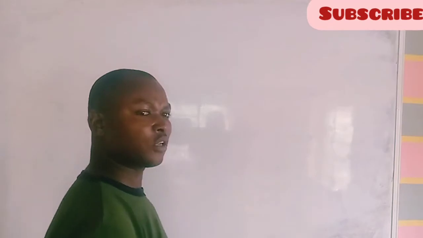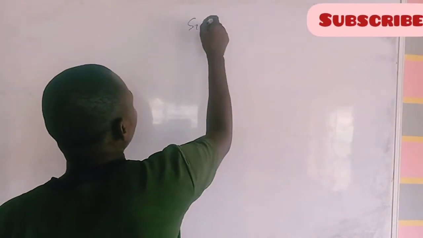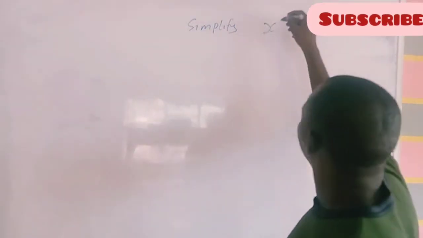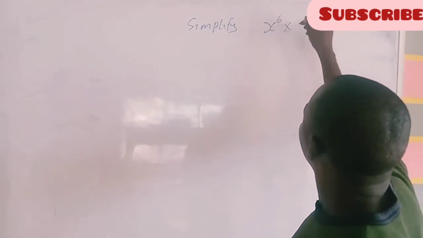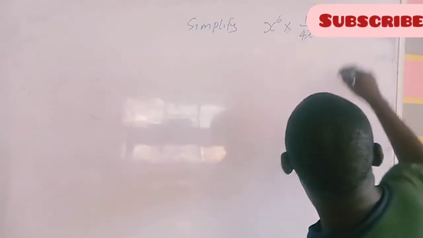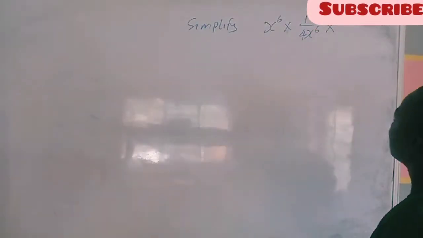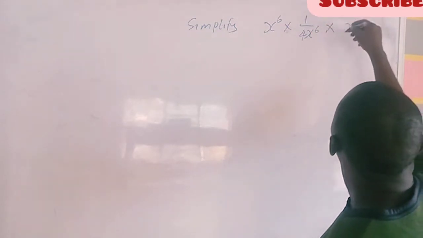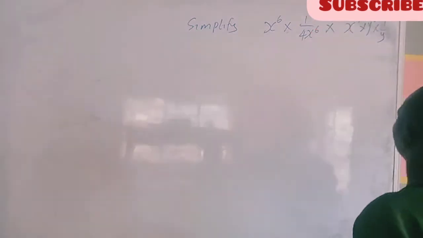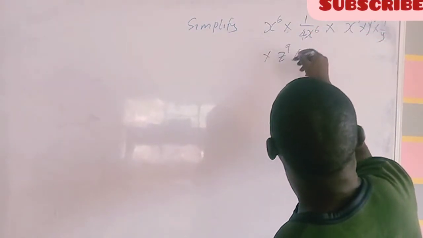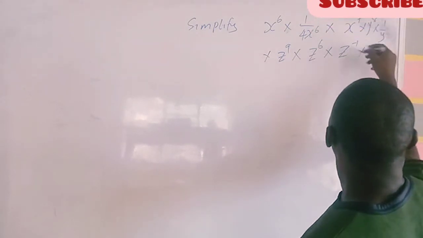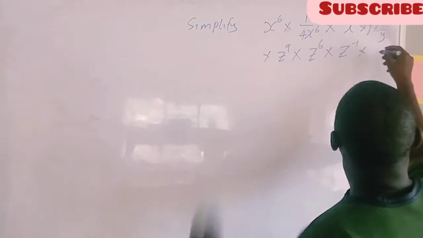So I have, simplify: x raised to power 4 times 1 over 4x raised to power 6 times x raised to power 7 times y raised to power 8 times 1 over y times z raised to power 9 times z raised to power 6 times z raised to power minus 1 times 4.